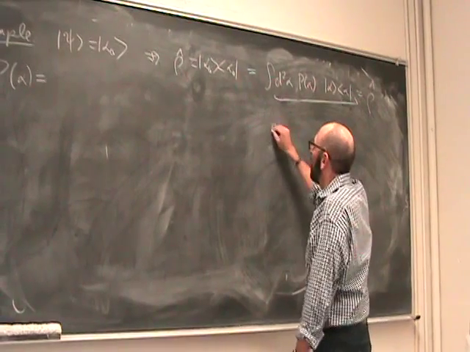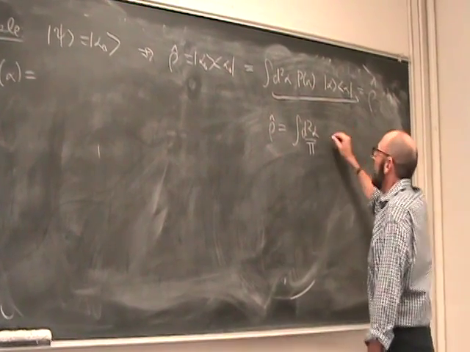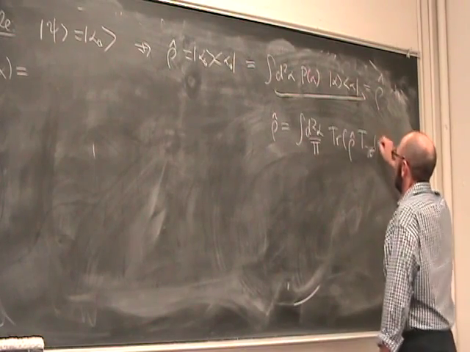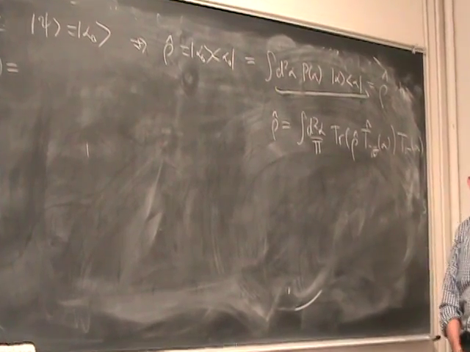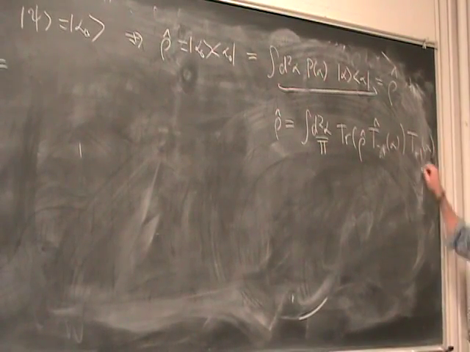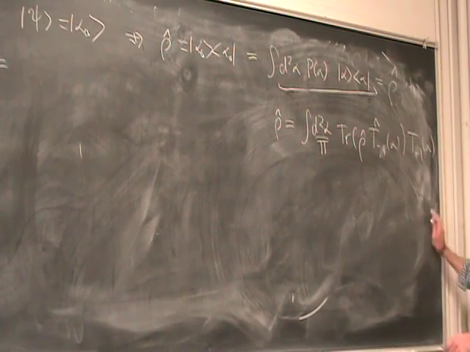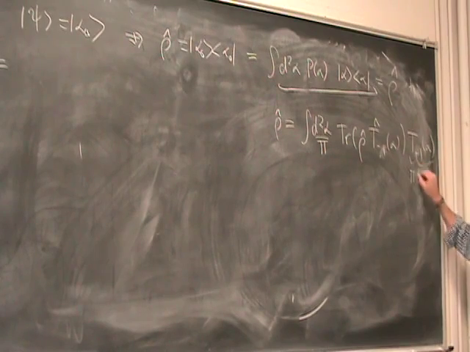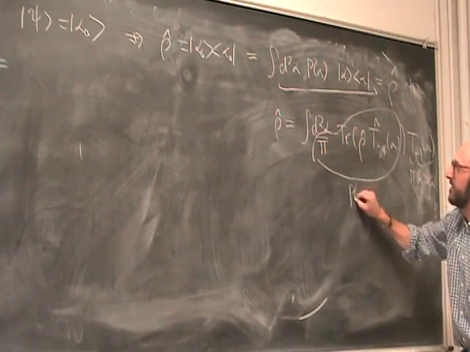Well, what we have is that rho is equal to the integral over alpha, the trace of rho with T minus sigma of alpha, T alpha, sigma alpha, right? That's the general formalism. If I make this -1 and this +1, then this thing is equal to pi times that's what we had earlier, and this guy is the P representation.